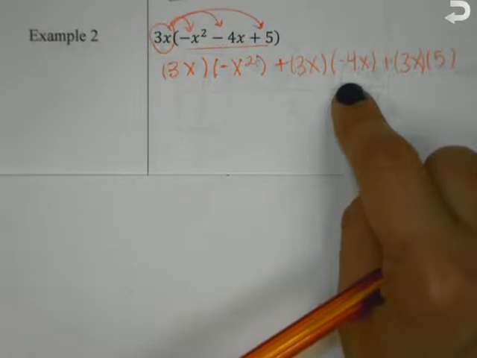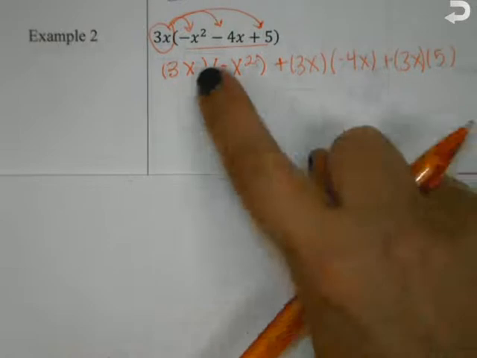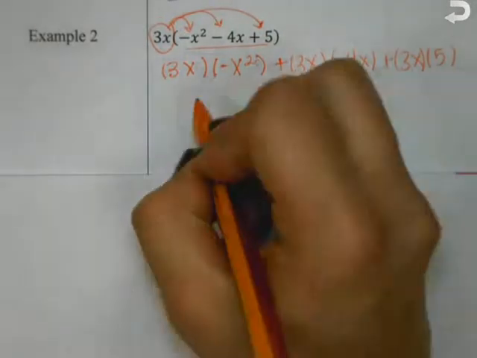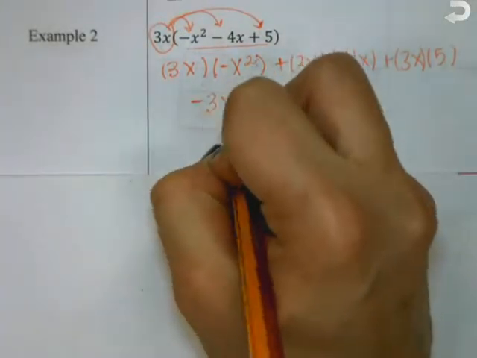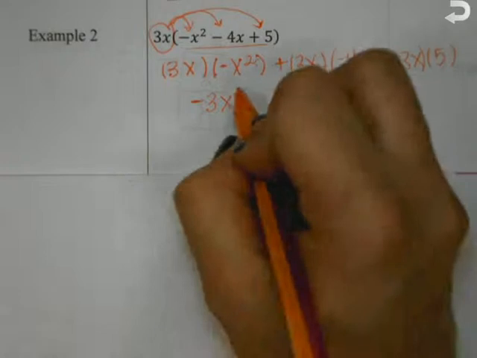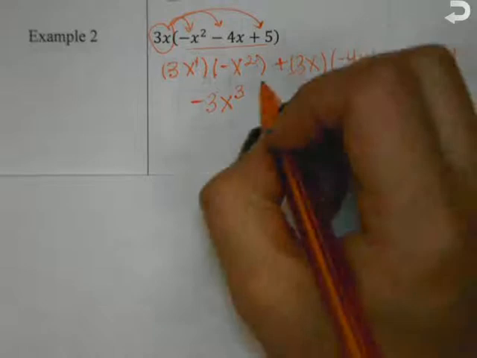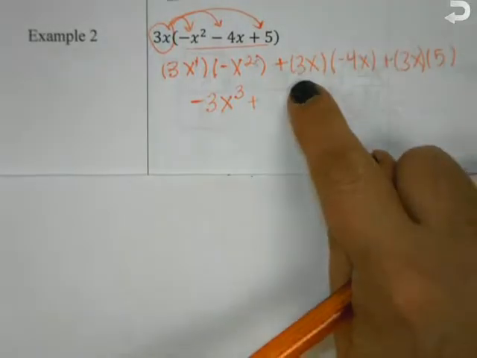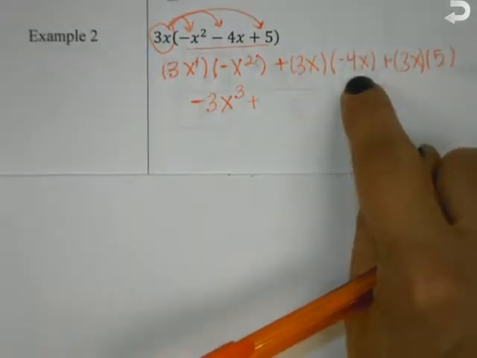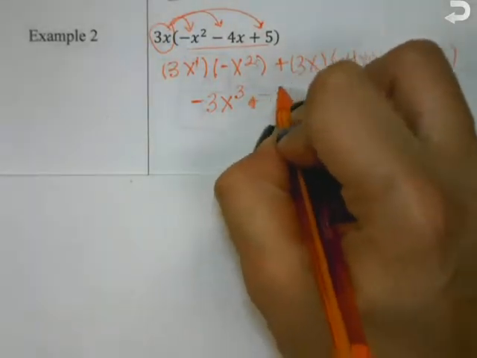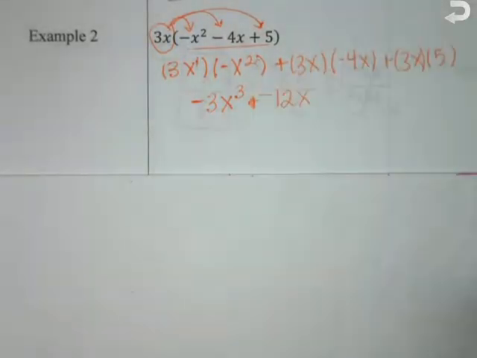Okay, so what's 3x times negative x squared? That's going to be negative 3x to the third. This is a 1, and we just add the exponents. Plus 3x times negative 4x. What's that going to give me? Negative 12. So it's actually going to be minus 12x to the what power?